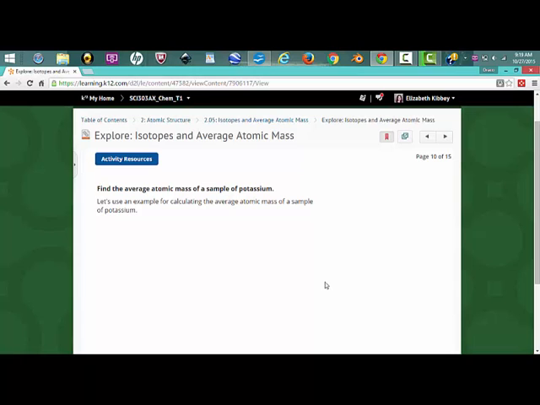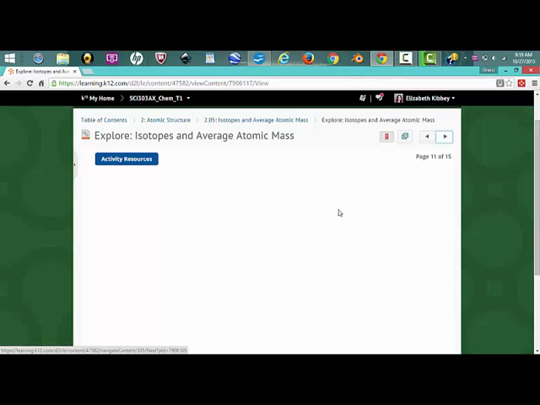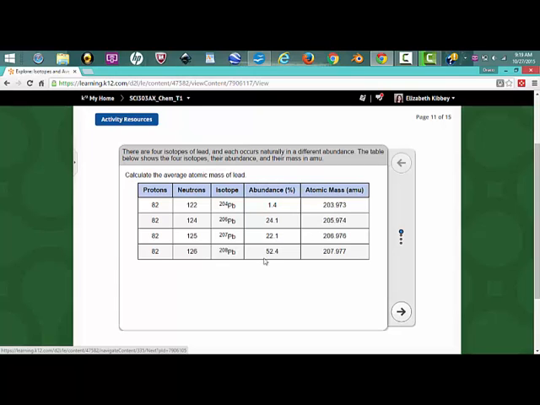Find the average atomic mass for a sample of potassium. Okay, all the protons are the same, 82. Neutrons, 122, 124, 125, 126, so on and so forth.